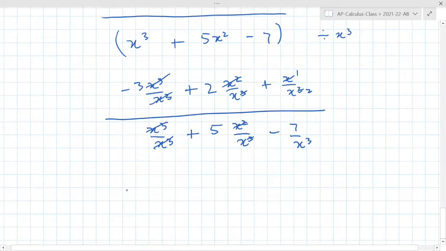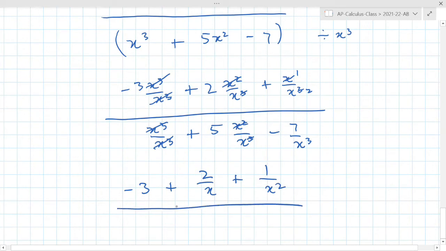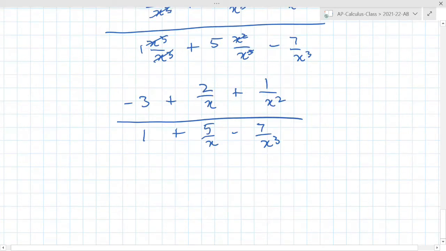So what I have is negative 3 plus 2 over x plus 1 over x squared, over 1 plus 5 over x minus 7 over x cubed. Now you see x's are only in denominators.